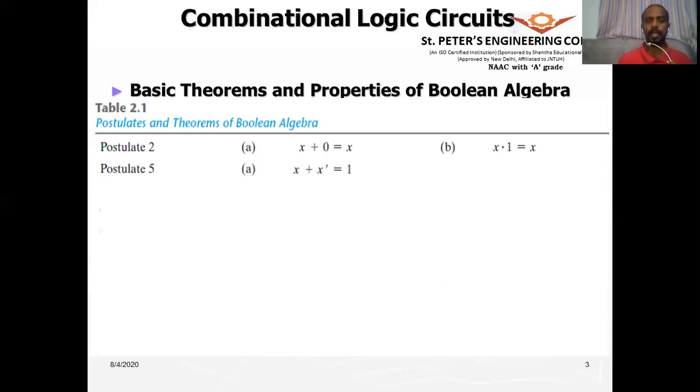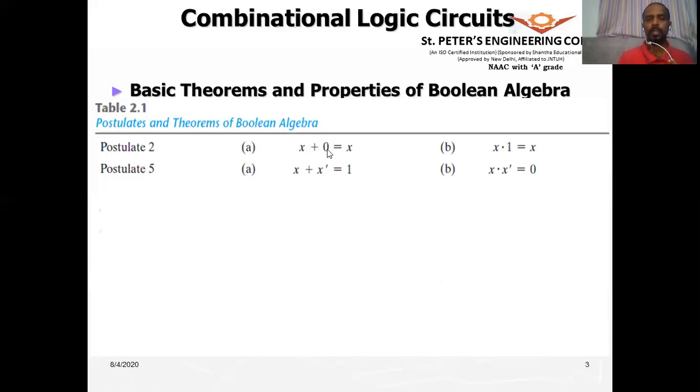All right. So the second postulate is x ORed with x complement is equal to 1. So if x is 1, x complement is 0. So 1 OR 0 is 1. If x is 0, x complement will be 1. So 0 OR 1 will be equal to 1. So similarly, if we extend this to the AND operation, x AND x complement is 0.